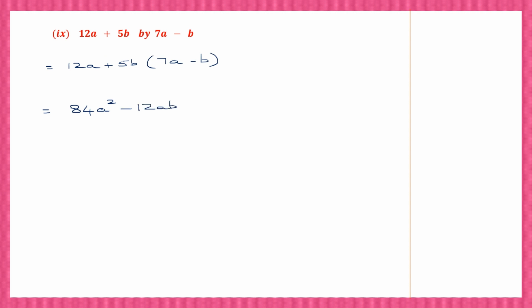So now that we finished with 12a, let's take plus 5b into 7a. Plus into plus is plus. 5 7s are 35. b into a is ba or ab. It's the same. Next we're going to multiply 5b into minus b. Plus into minus is minus. The number is 5. b into b is b to the power of 2. Now again, here we have like terms. Look out for like terms and be careful about that. The first term will remain as it is, 84a square.